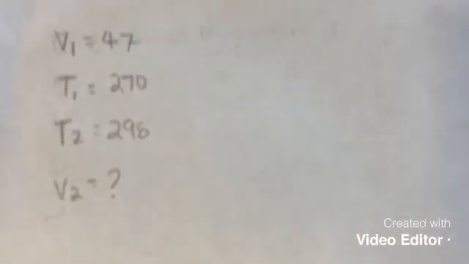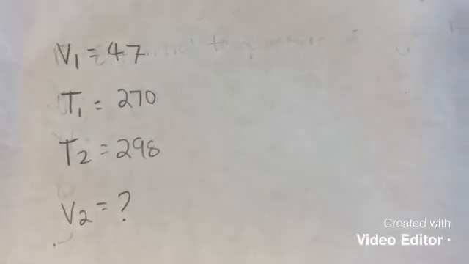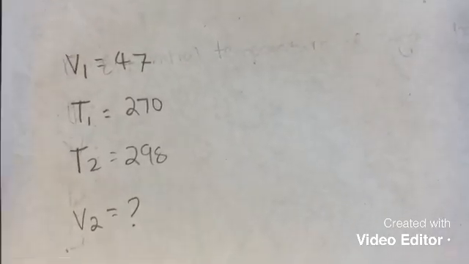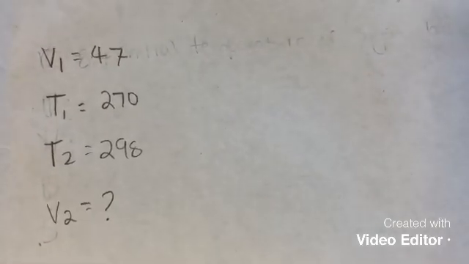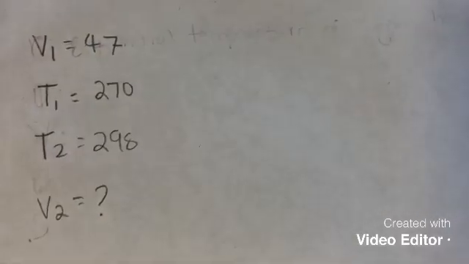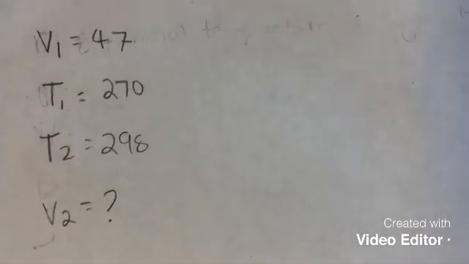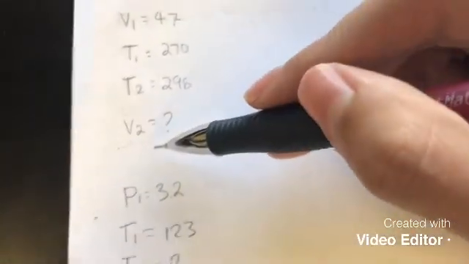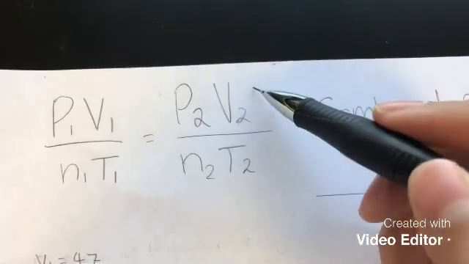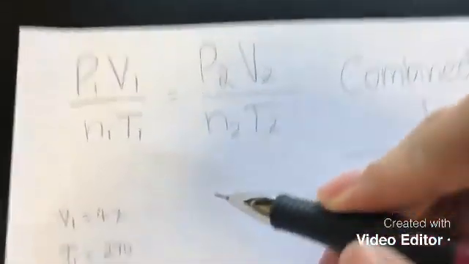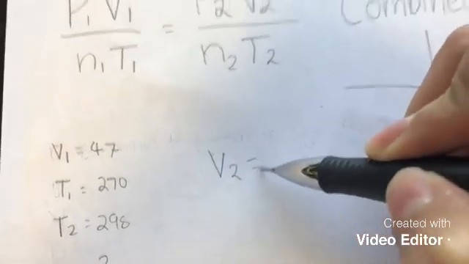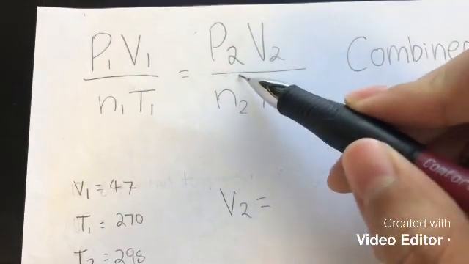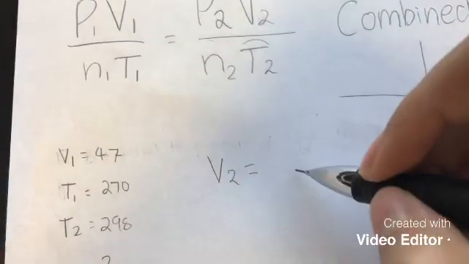So for some more examples, we're going to go through V2 for combined gas law. So let's see here. We're given volume 1, which is 47, T1, which is 270, temperature 2, which is 298, and we're trying to find the second volume. So in order to do that, we're going to have to find an equation for V2. So if you look here, V2 is right here, and in order to solve for it, we have to multiply N2 and T2 on the other side.